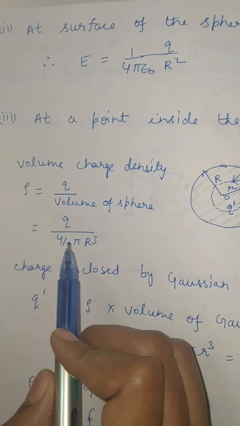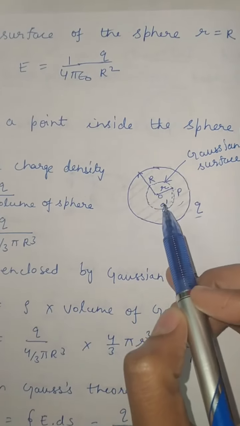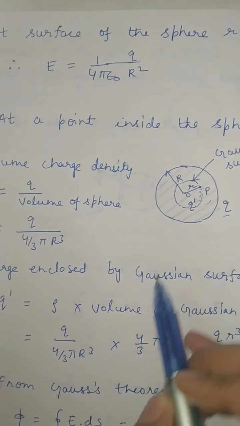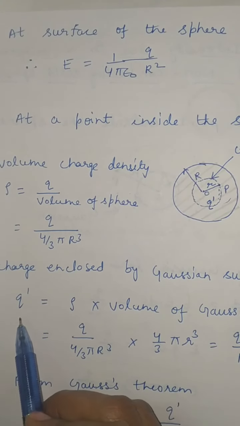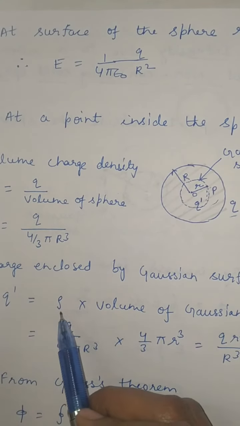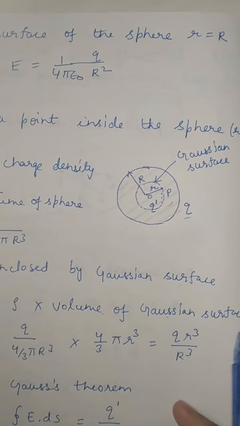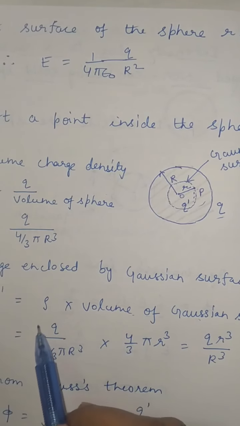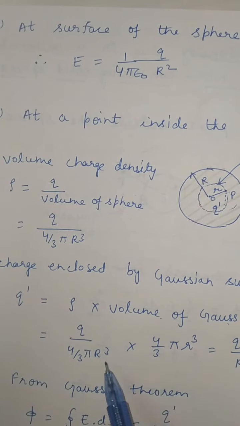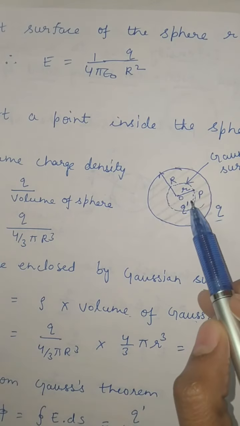With the help of this volume charge density, we can calculate the charge enclosed by this Gaussian surface. The charge enclosed by this Gaussian surface, I have taken it as Q dash. So how will we calculate Q dash? We will multiply the volume charge density by the volume of the Gaussian surface.